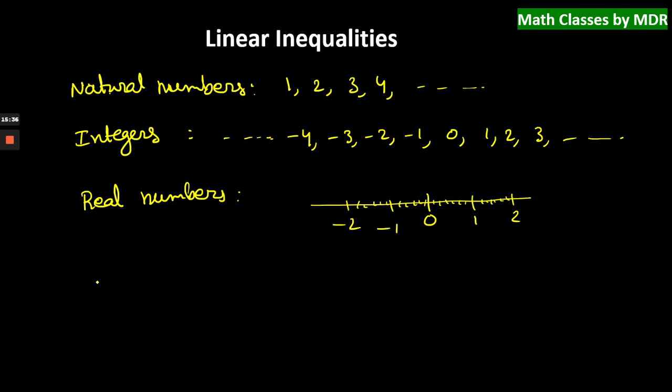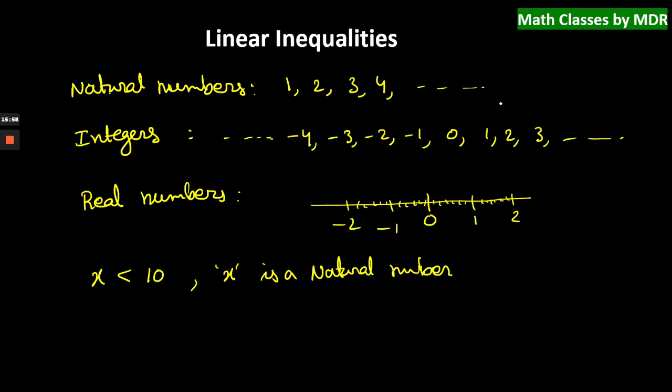So suppose you come across a solution that x is less than 10, where x is a natural number. When x is a natural number, we take the set of all natural numbers which are less than 10. We know that natural numbers start from 1.